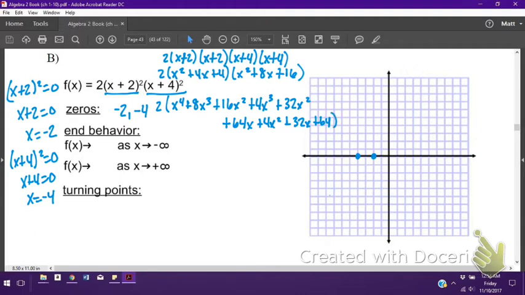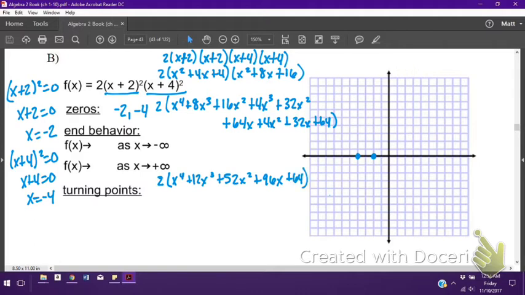If I were to combine like terms, then I would get, so I'm going to skip down a little bit so I can have some room here, 2 times x to the 4th plus 12x cubed plus 52x squared plus 96x plus 64.